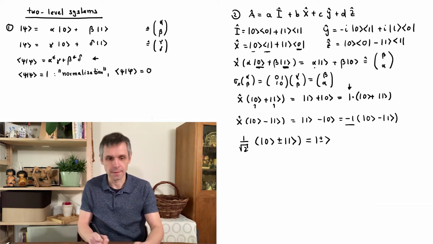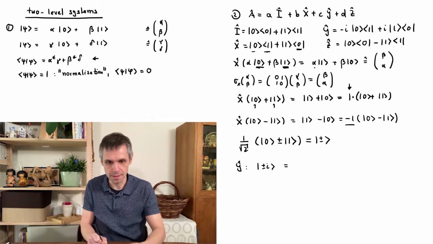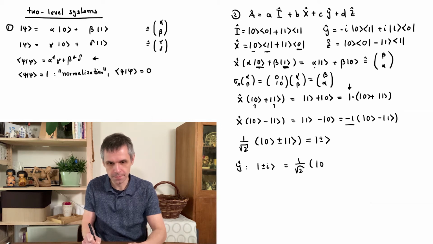One can also work out the eigenstates of y and z. For y, I introduce two states plus or minus i, and this is just a notation. They are defined in the following way. In terms of normal vectors, they just look like this.